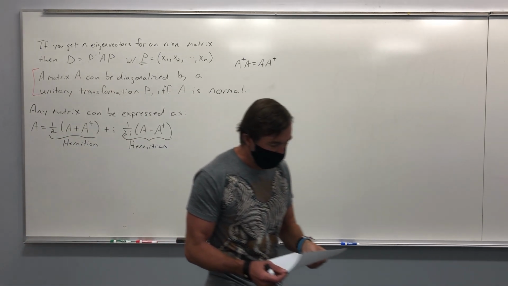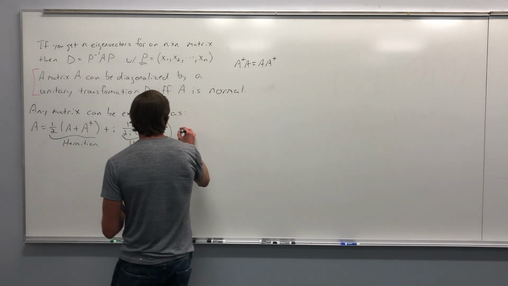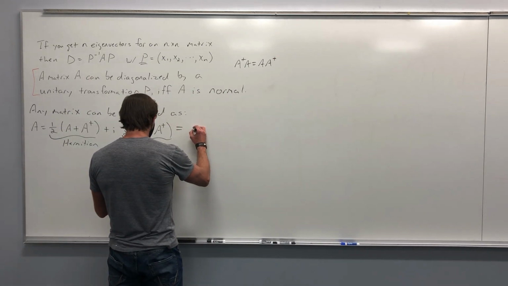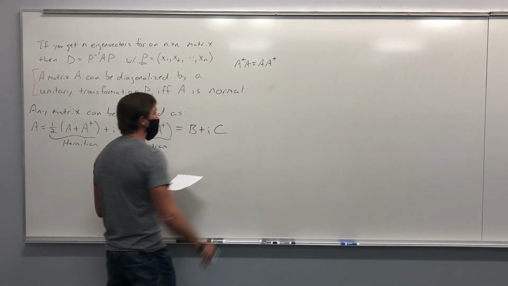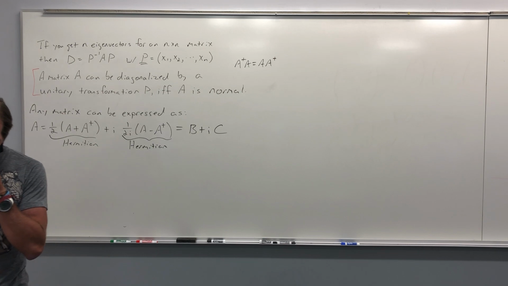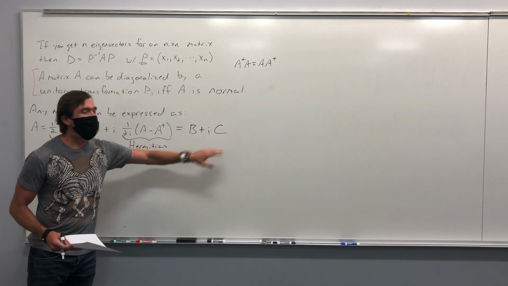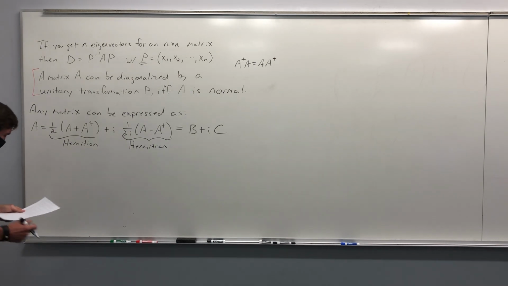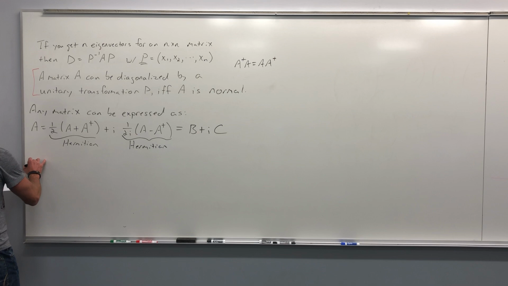Now, I am going to identify this as matrix B plus I times matrix C, where both B and C are Hermitian. And now what we can say is the following.